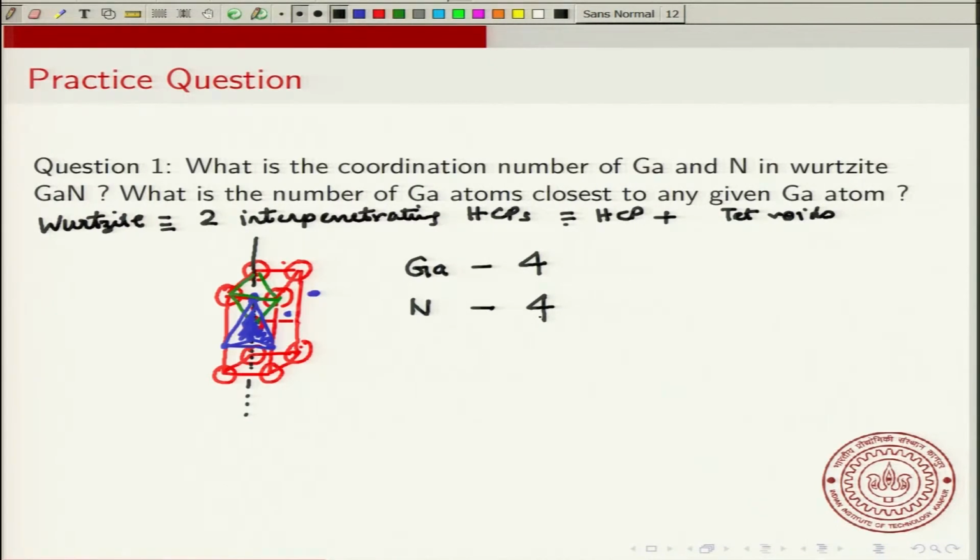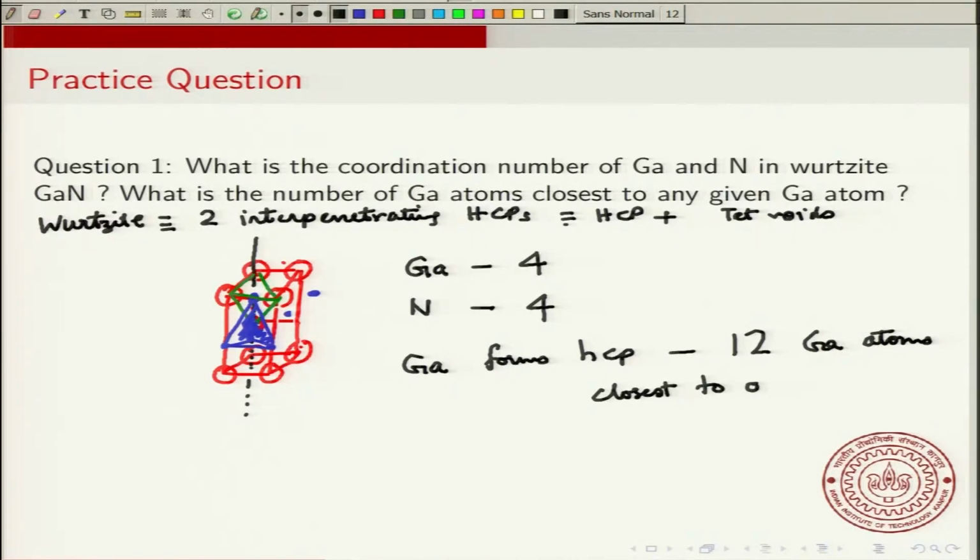Now, the next question is what is the number of gallium atoms closest to any gallium atom? This can be answered very easily. Since gallium forms HCP, the answer is just 12 gallium atoms closest to any gallium atom. Similarly for nitrogen also.